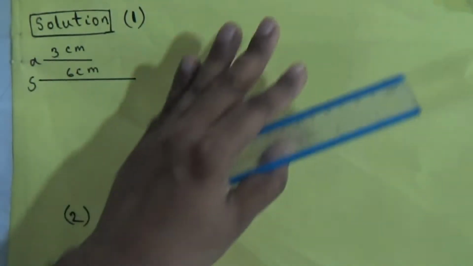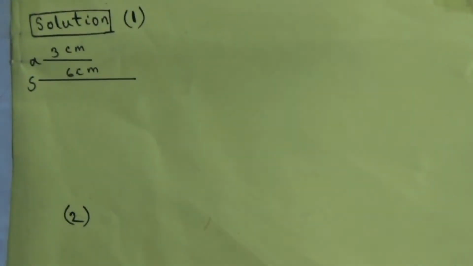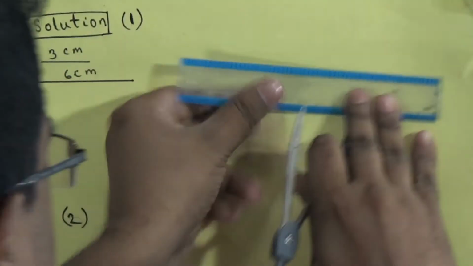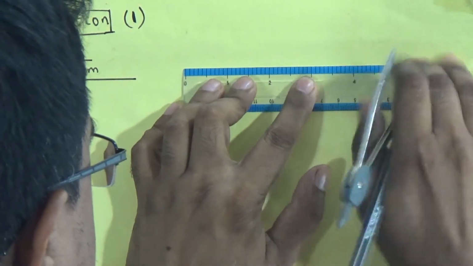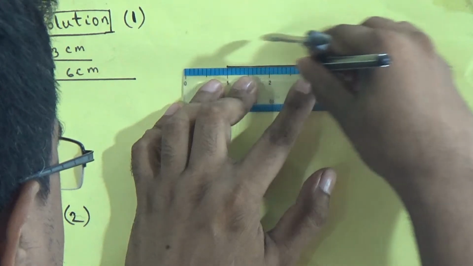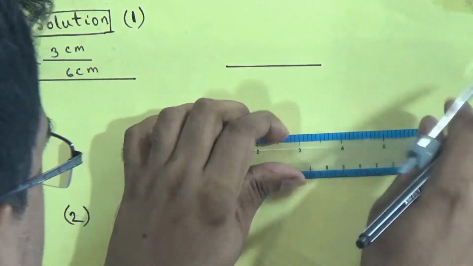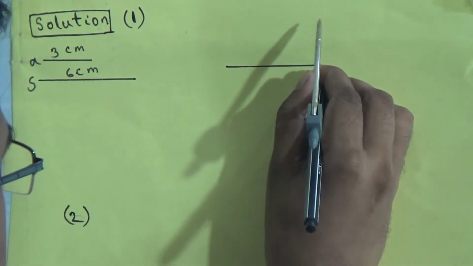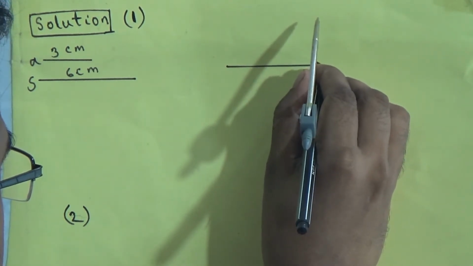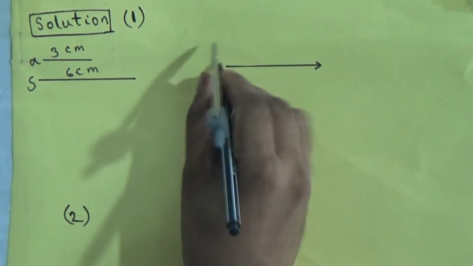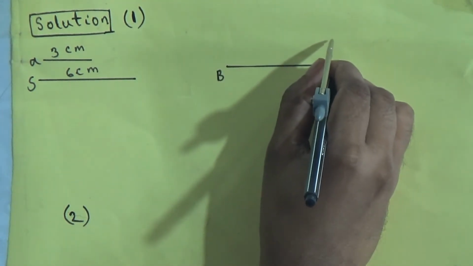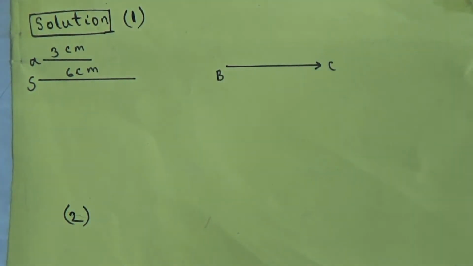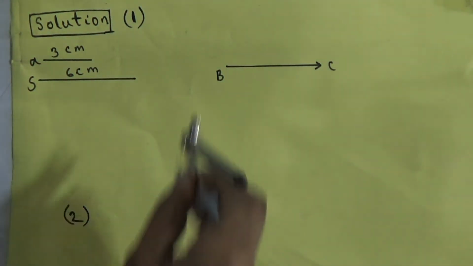Now we will draw an angle which measurement will be 45 degree. At first we will draw here a ray. The name of the ray is BC. Okay, now at the point B we will draw a perpendicular.